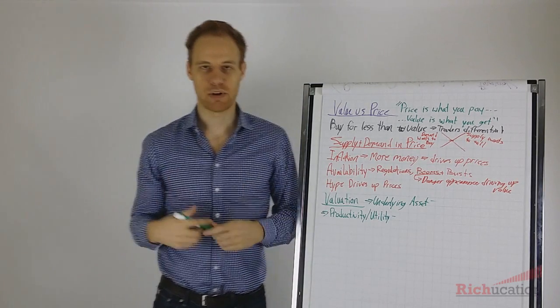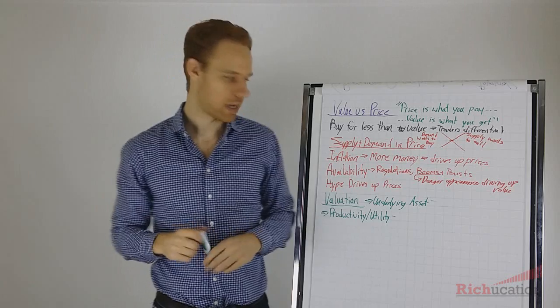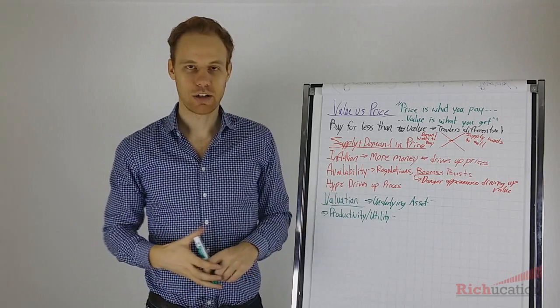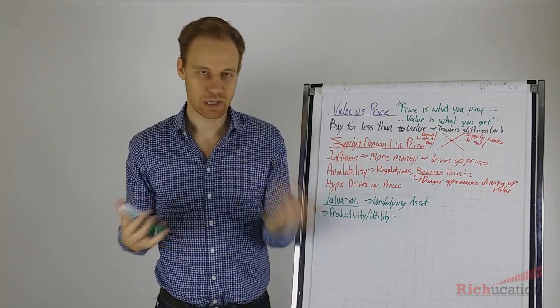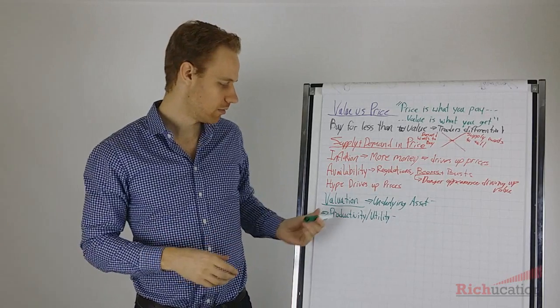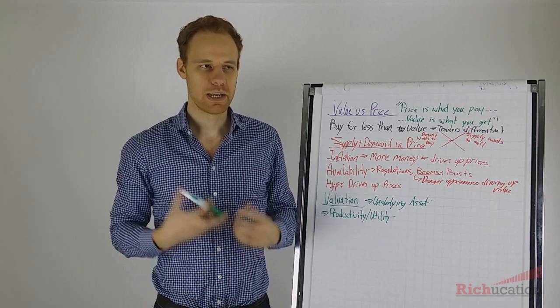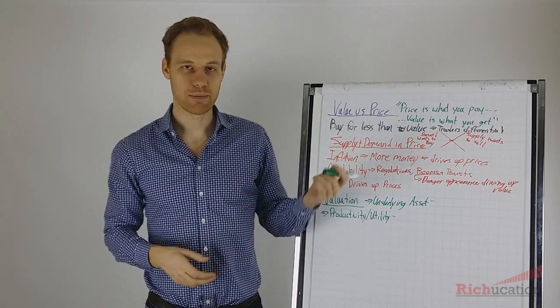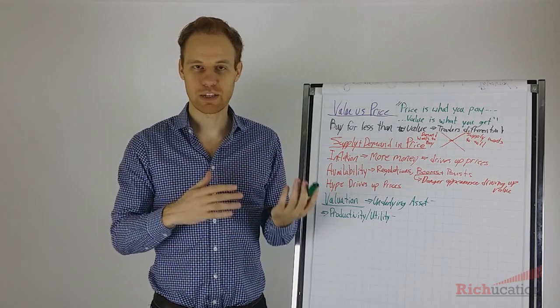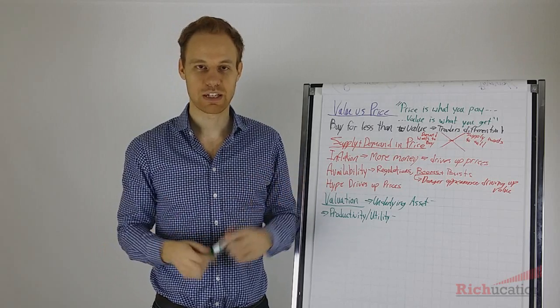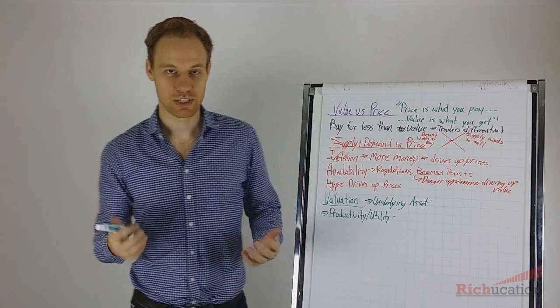Let me give you an example of a car. A car has an underlying asset, and it has a productive or utility value, which means it's going to save you a certain amount of time or money, or help you make some money, or help you get more done with the same amount of time.